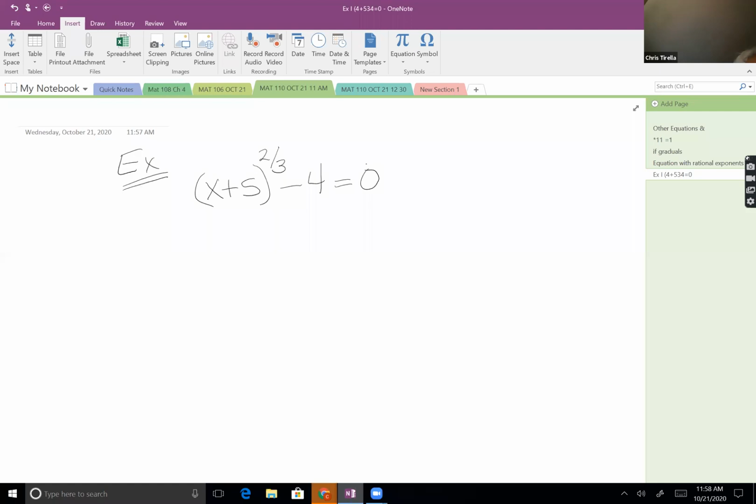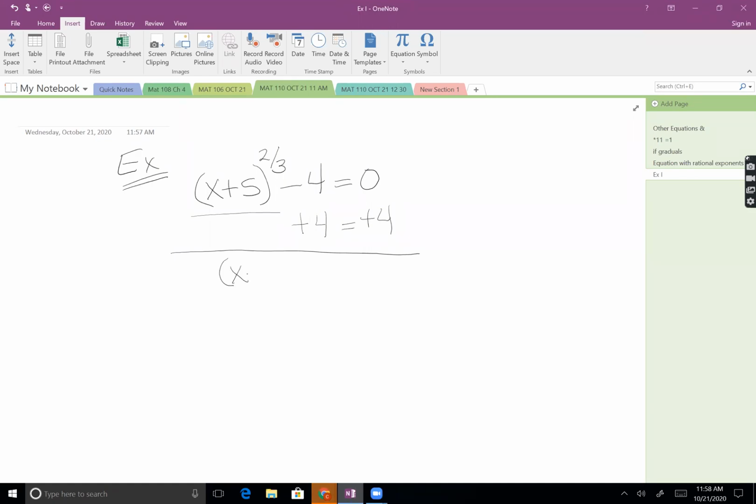We said that we wanted to get that part that's being raised to a fractional power alone. And so I'm going to add 4 to both sides. Is that a sensible first move to everybody? And I get x plus 5 to the 2/3 equals 4.